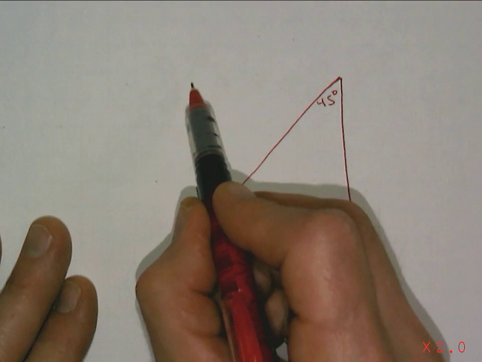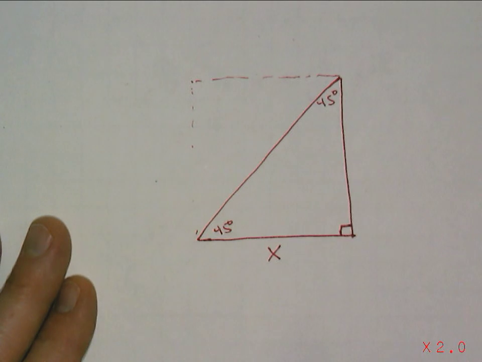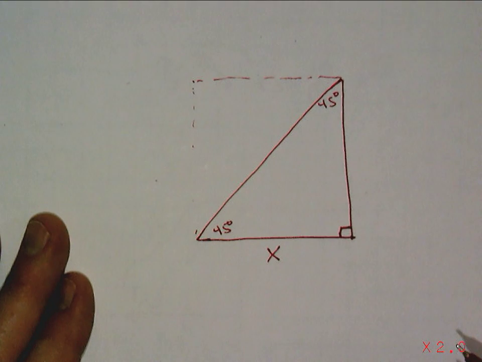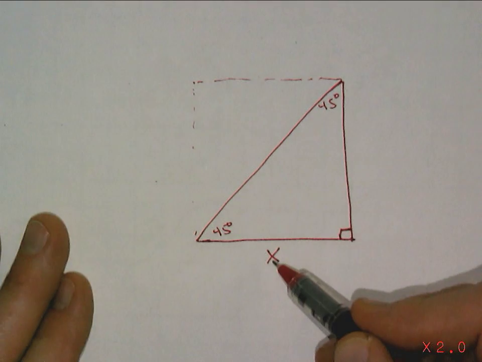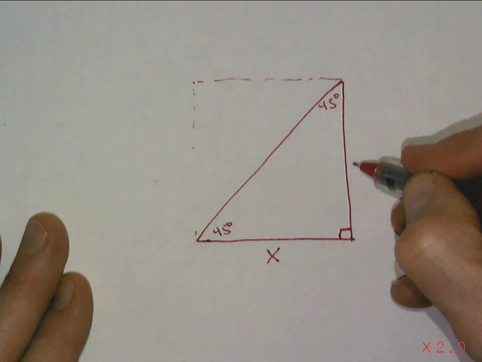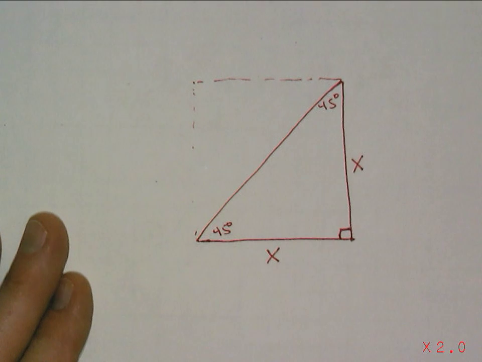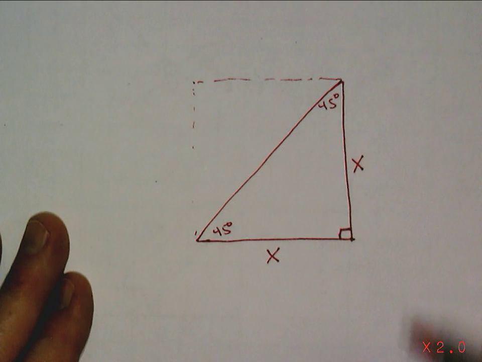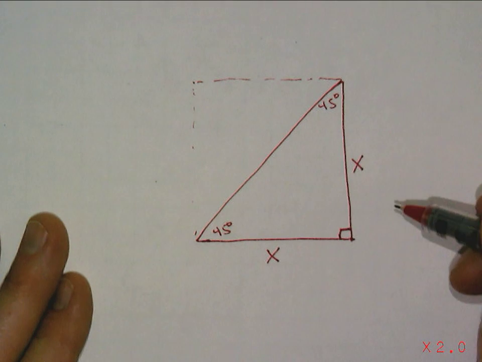I really literally tried to, best I could, freehand a square and cut it in half. If this side length is x, then this side length also is x. They're the same. It's a square, so all the side lengths are the same.